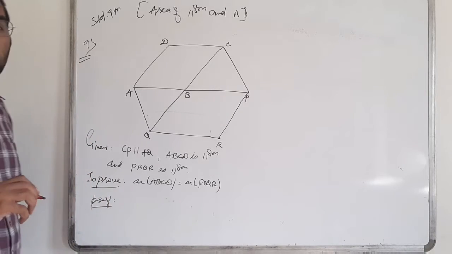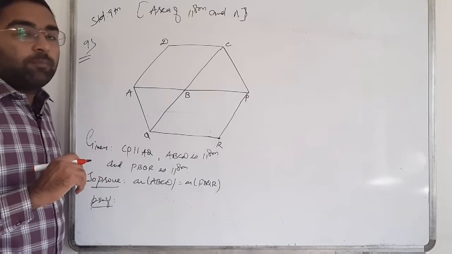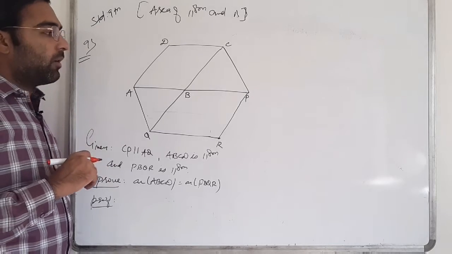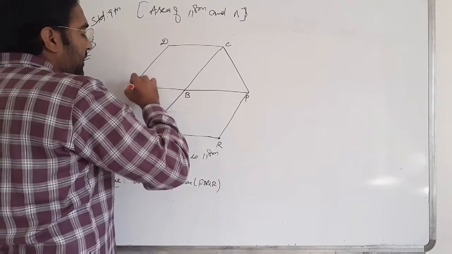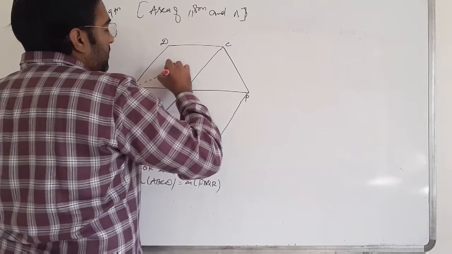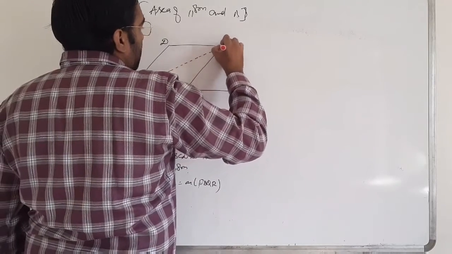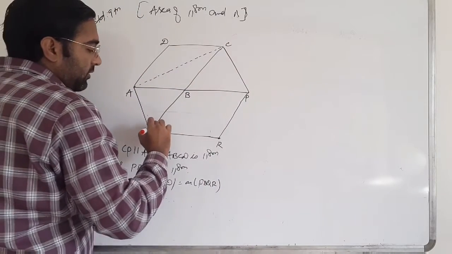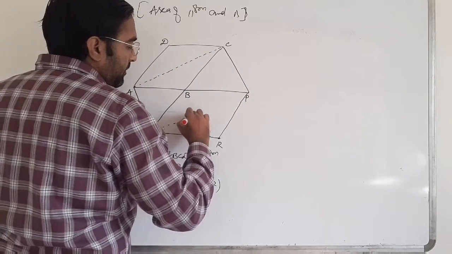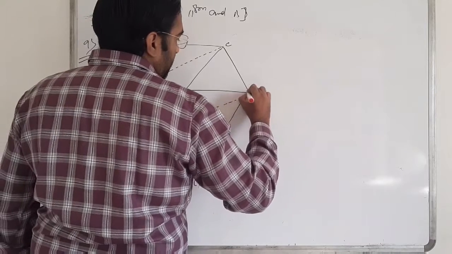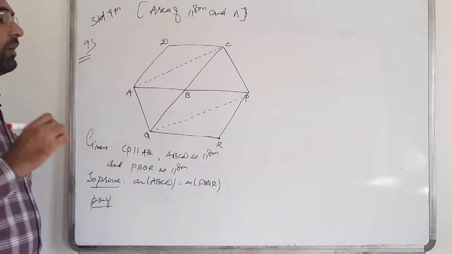First of all, we construct the diagonals of both parallelograms. I'll construct diagonal AC and diagonal QP. Clear?